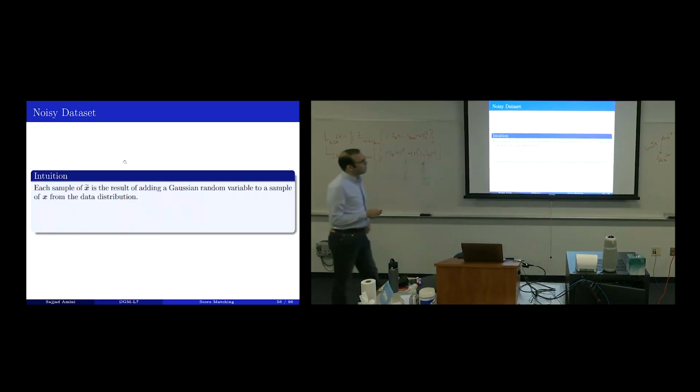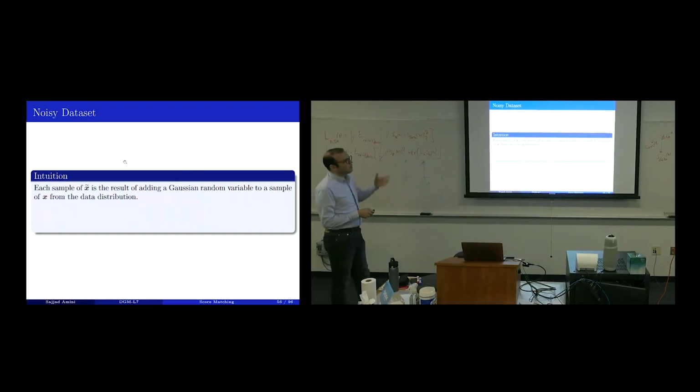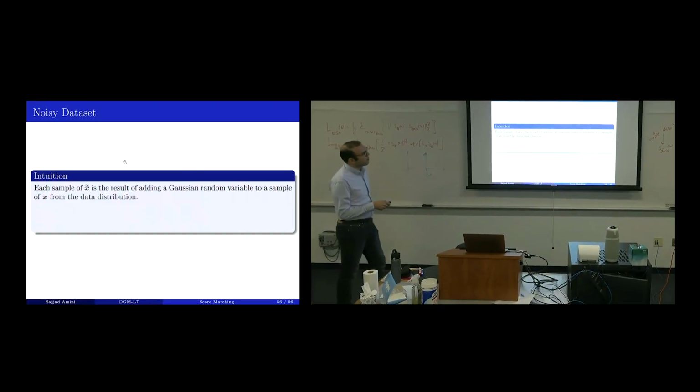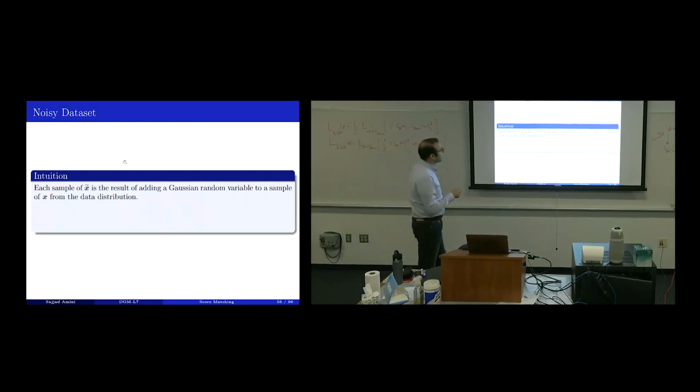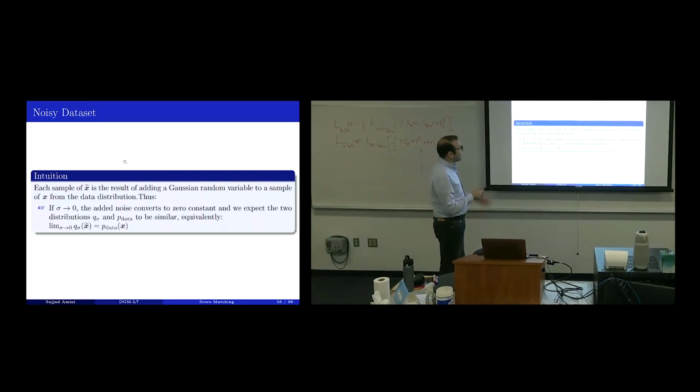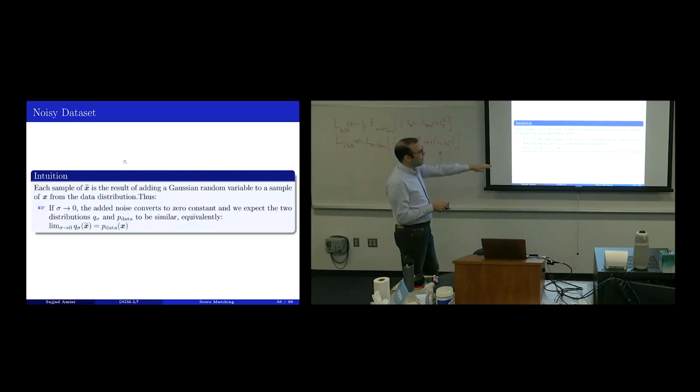Intuition: each sample of x tilde is the result of adding Gaussian noise to a sample x from the data distribution. In the limit, if sigma approaches 0, then the added noise converges to the constant 0, and we expect the two distributions to be similar to each other.